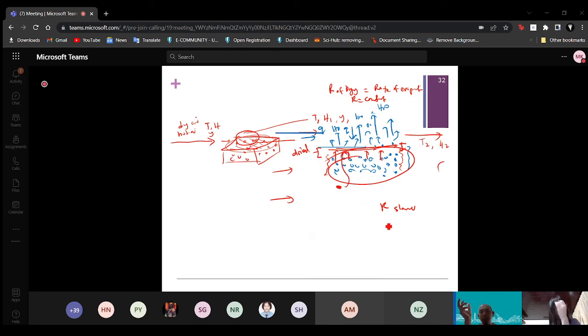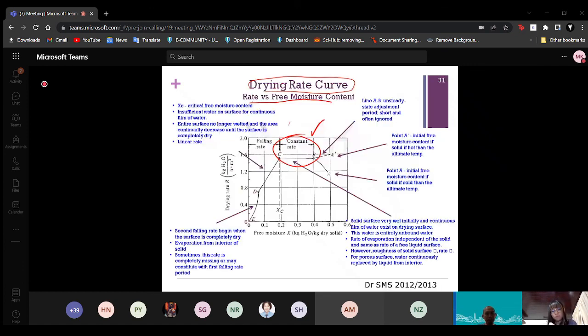So the rate of drying becomes much slower. That's why dia akan ada yang falling ni, because the distance is now further from the surface. So the rate of drying becomes slower and slower.